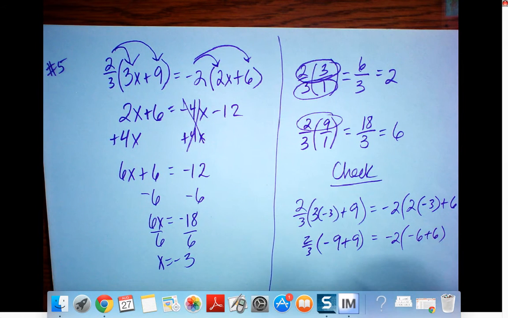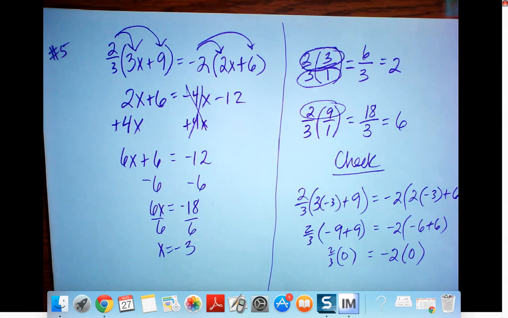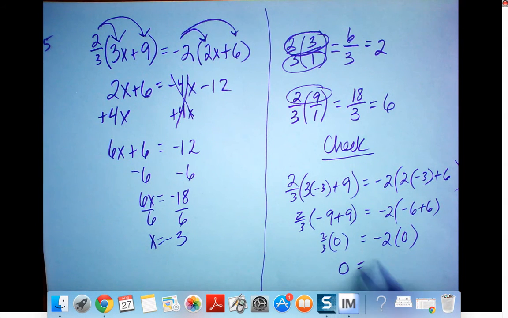Well, negative 9 plus 9 is 0. Negative 6 plus 6 is 0. And, excuse me, anything times 0 is 0. But 0 still equals 0, so we know that x is negative 3 is the correct solution.